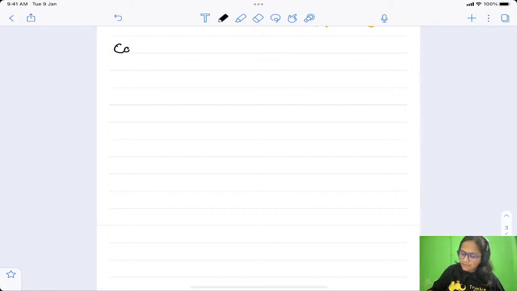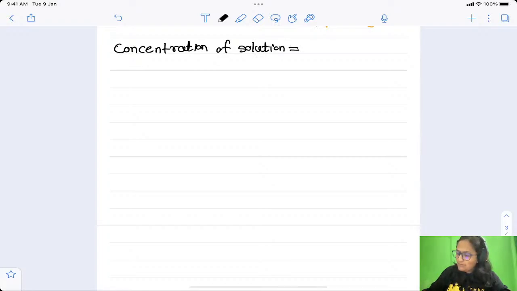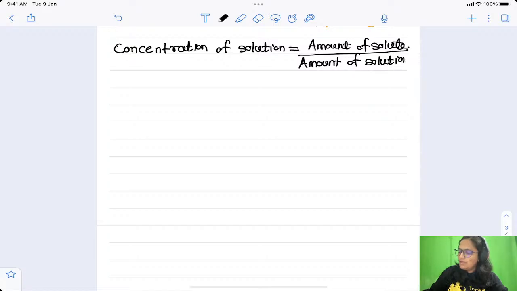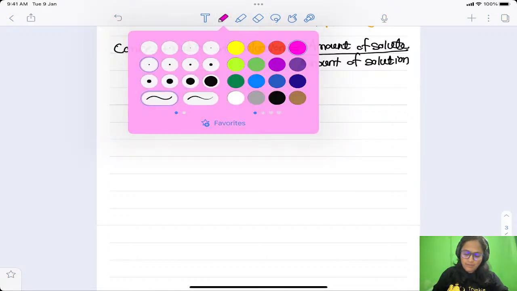So I'll write down a few things on the board. Concentration of solution is equal to amount of solute. Amount means what? It may be in terms of gram, it may be in terms of ml also, right? And in the denominator it is the amount of solution, whole solution. This is the first formula you have to remember.